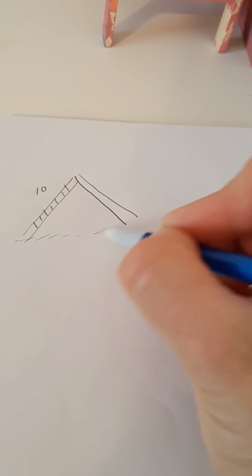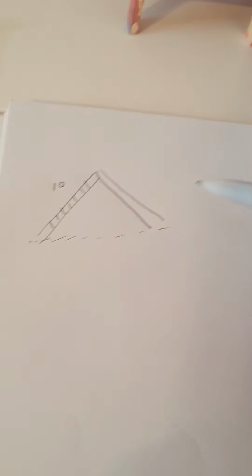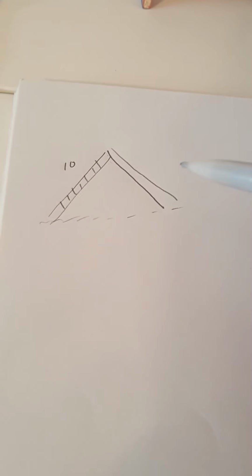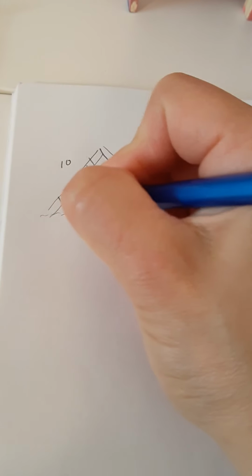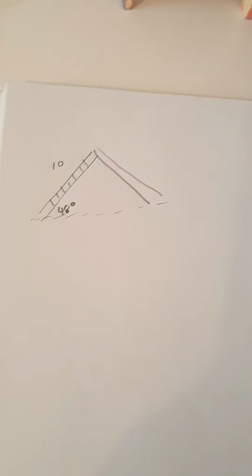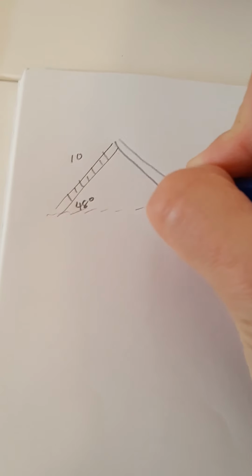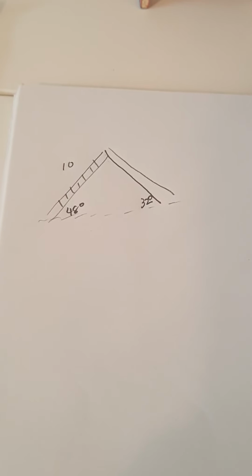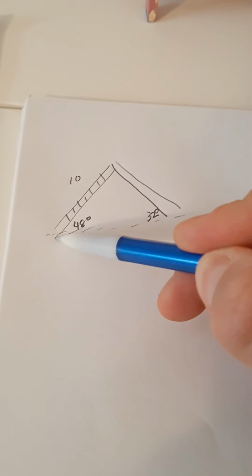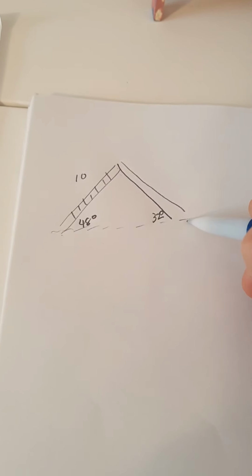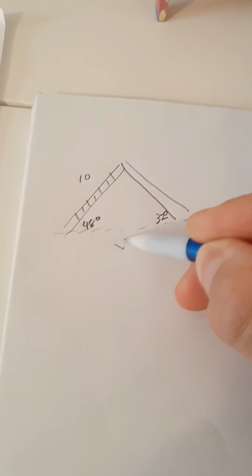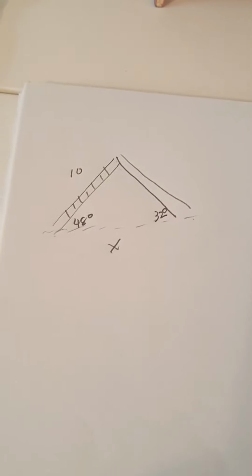Here's the ground, the grass. The 10-foot ladder makes 48 degrees with the ground. The slide makes an angle of 32 degrees with the ground. Yeah, not so drawn to scale, Mrs. Ludwig. What is the distance from the foot of the ladder to the foot of the slide to the nearest 10th? Okay, so the ground is x.